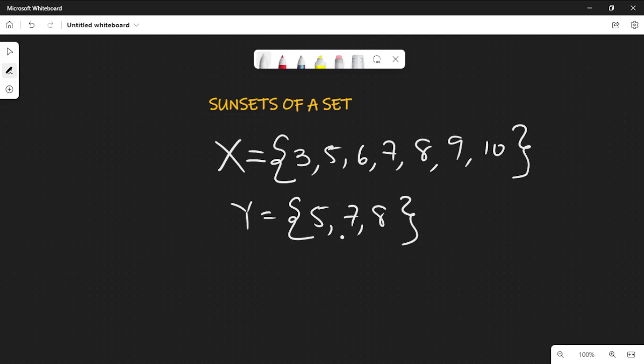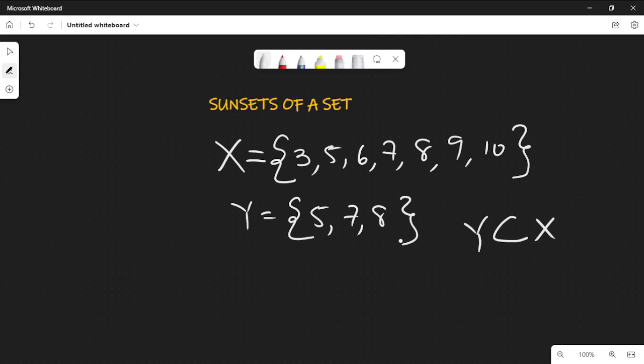So for that reason, it is written as Y subset of X. When you see this symbol, what it means is that Y is a subset of X. That simply means that the elements of Y are inside X. I believe that is clear.